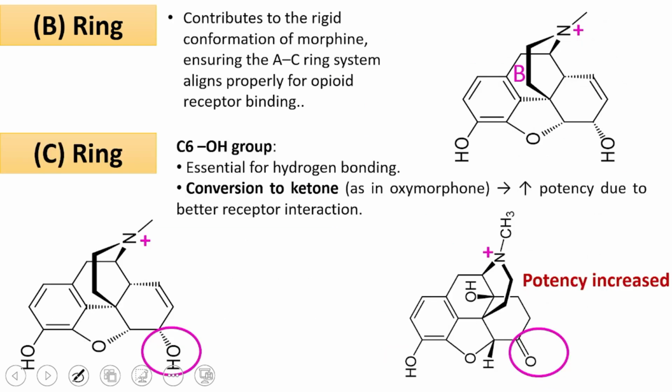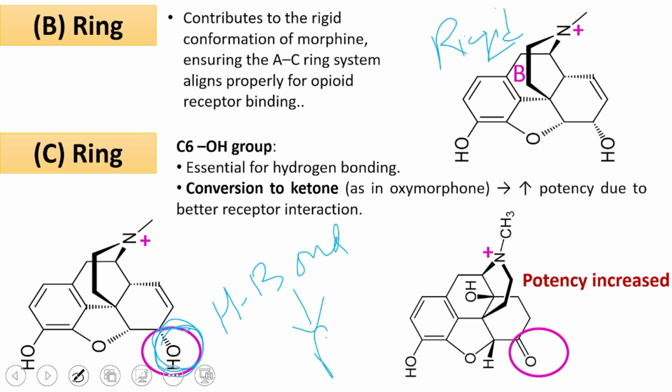The B ring mainly gives the rigid conformation of morphine, ensuring the A to C ring system aligns properly. If we talk about the C ring, the C6 OH group, this hydroxy group is essential for hydrogen bonding to the receptor.